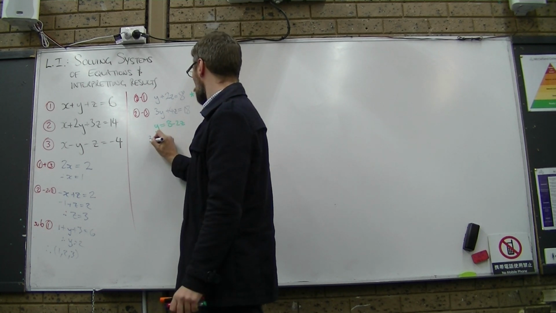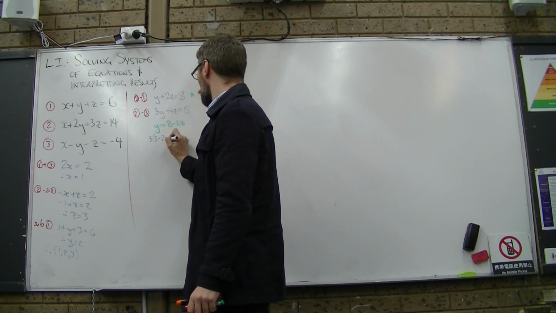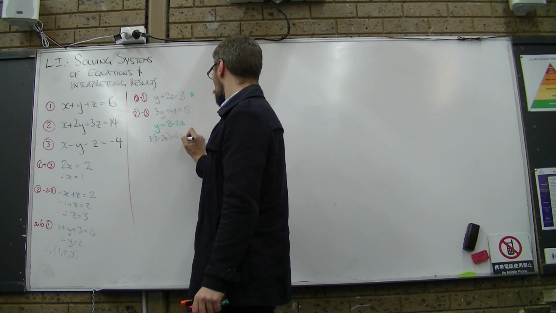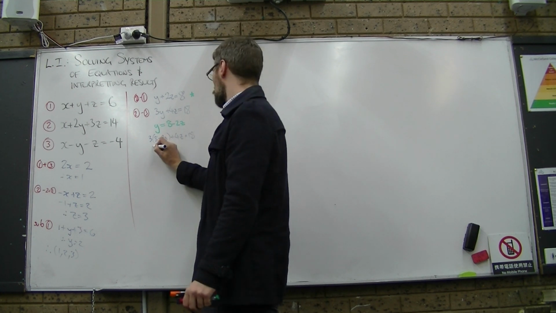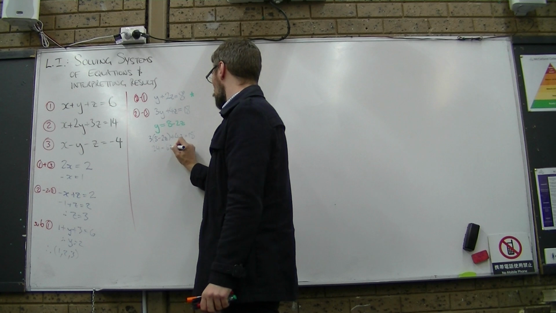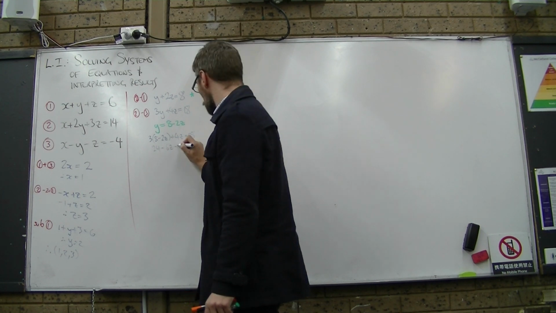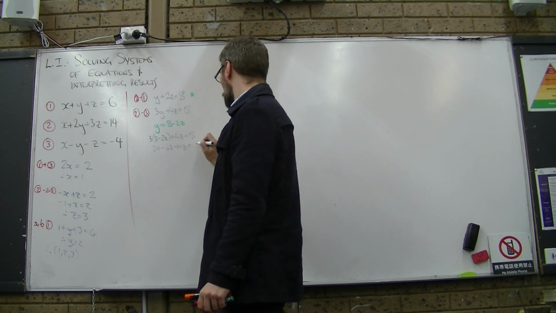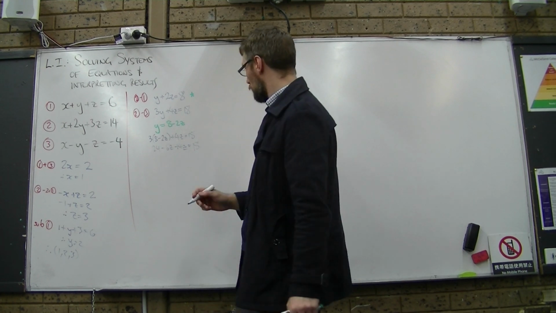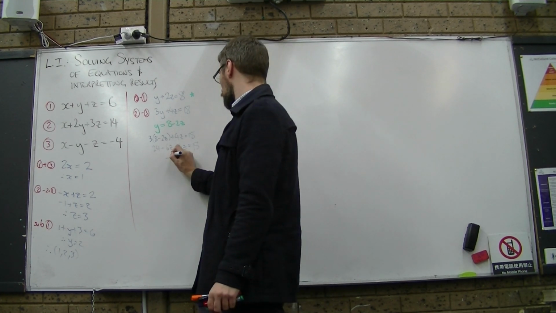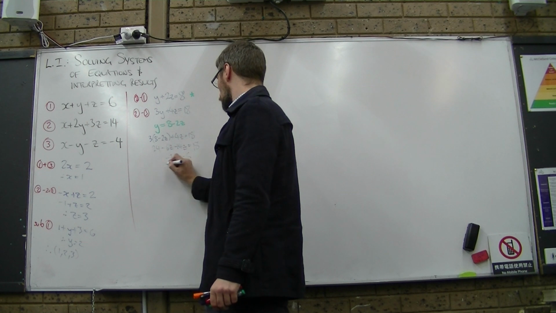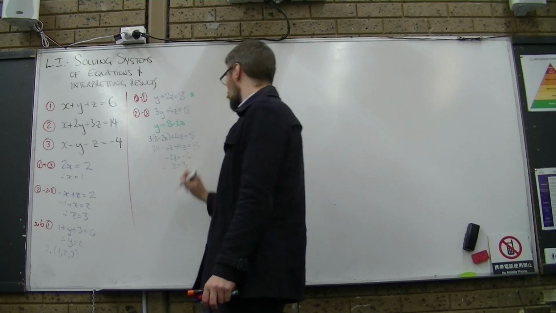So now I've got 3 lots of 8 minus 2z plus 4z equals 18. 24 minus 6z plus 4z equals 18. We've got minus 2z equals negative 6, therefore z equals 3.